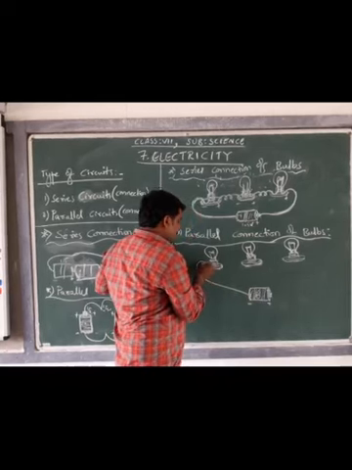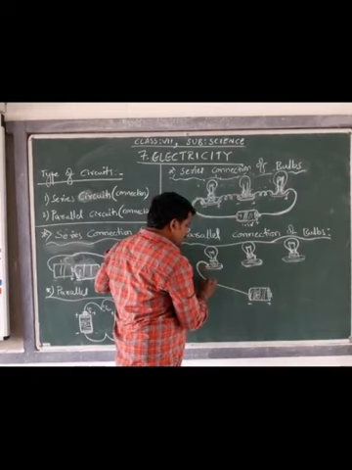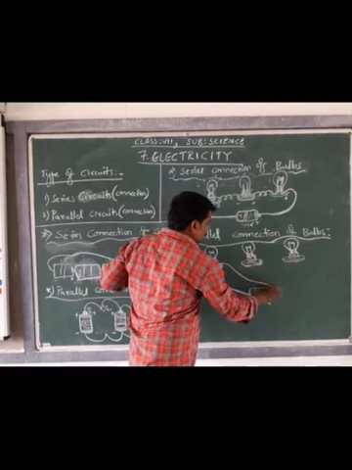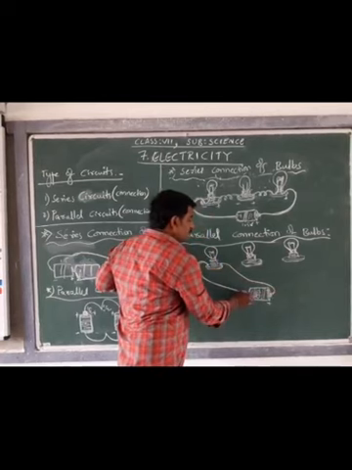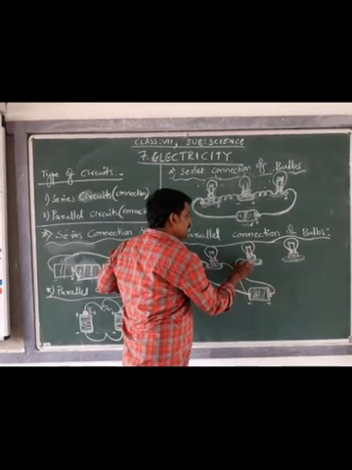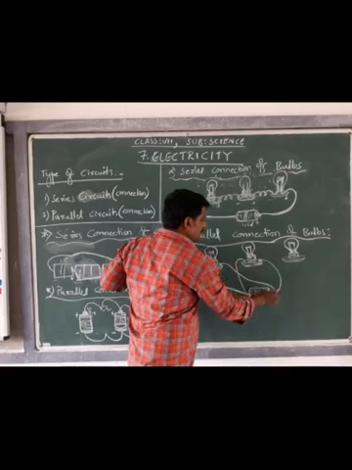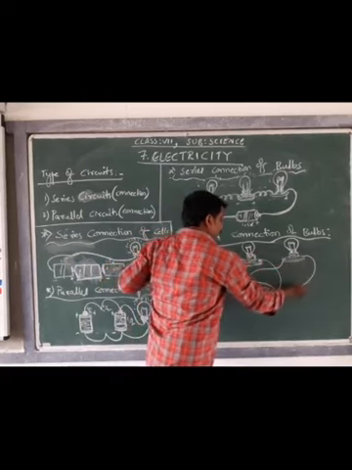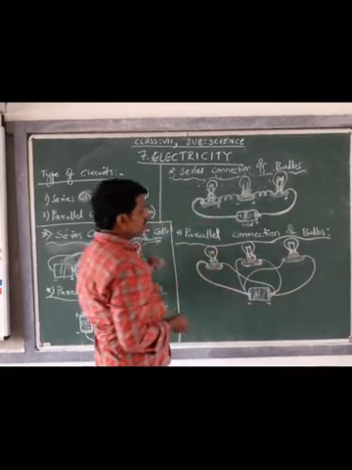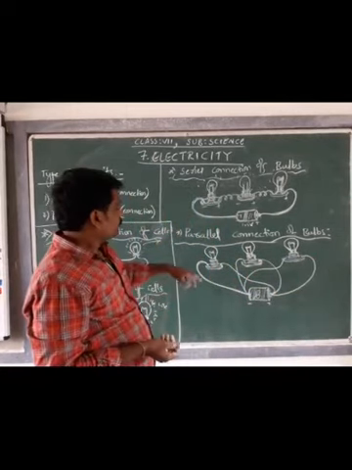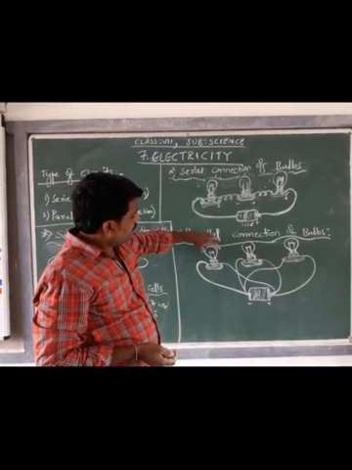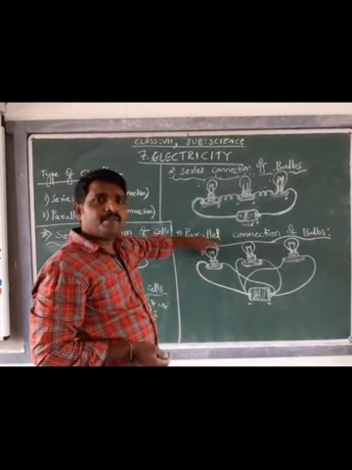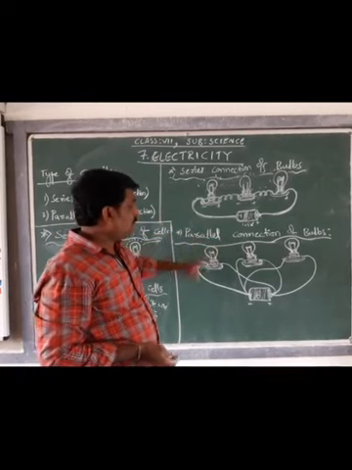That is, the negative node of the bulb is connected to the negative terminal, and the positive node of the bulb is connected to the positive terminal. Here also the negative node is connected to the negative terminal, positive node to the positive terminal. Every device has its respective path of electric flow.